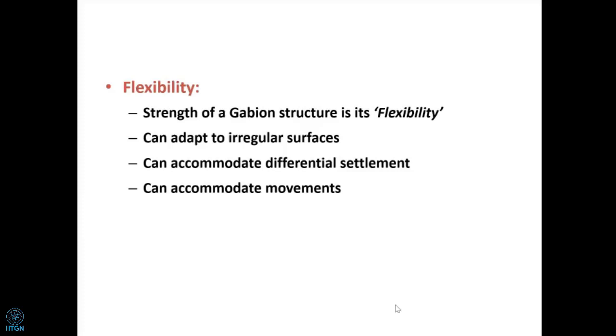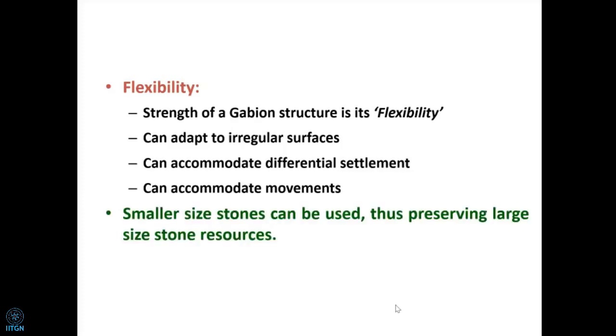This whole thing is flexible. Even if there is a settlement somewhere, the system can take it without breaking up. Whereas it will not be the case with an individual stone dumped over a place. If there is settlement, the whole thing gets disturbed. It can adapt to an irregular surface, accommodate differential settlement, and accommodate movement. So this flexibility is the unique advantage of the gabion or the system.